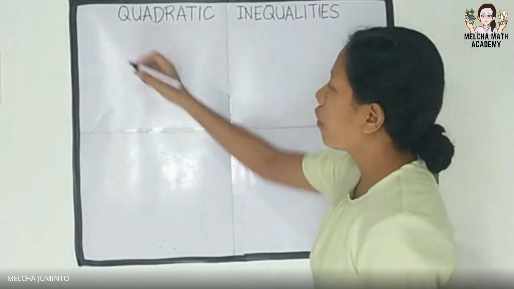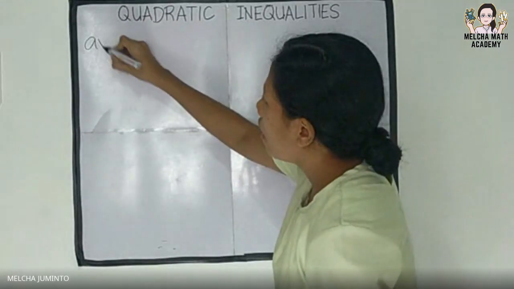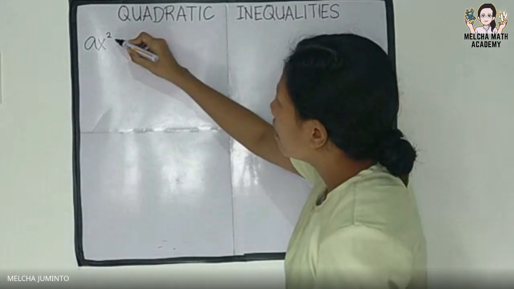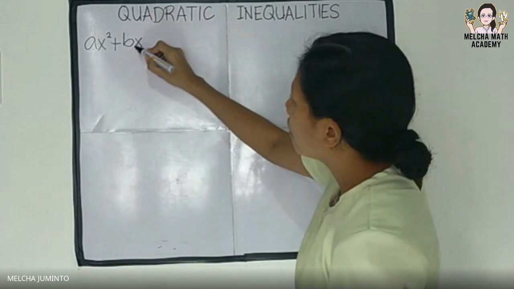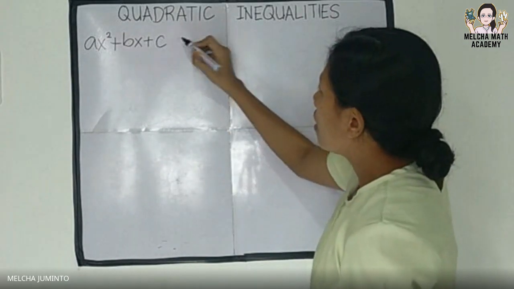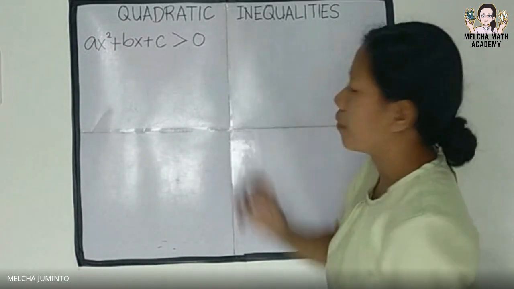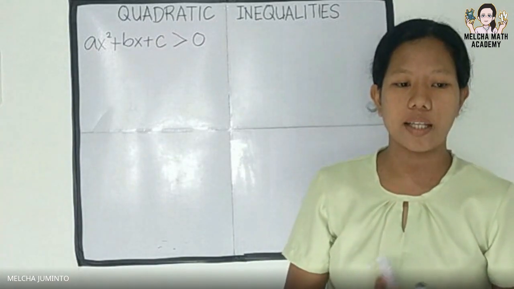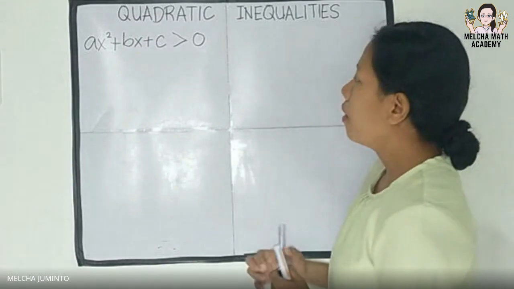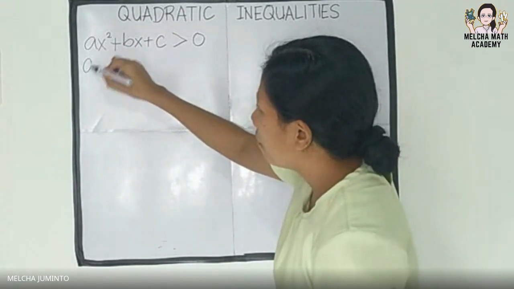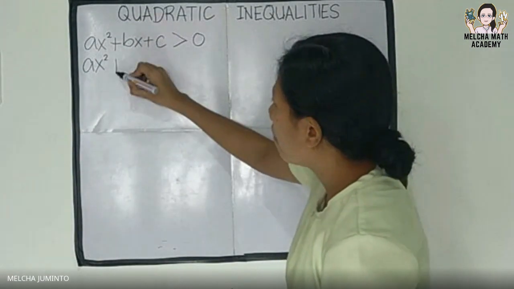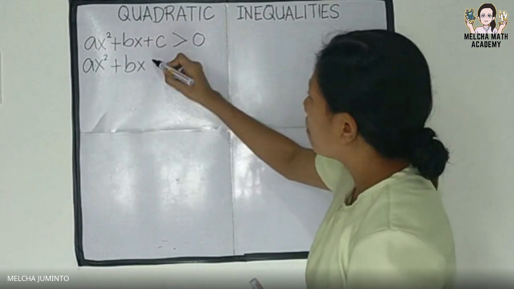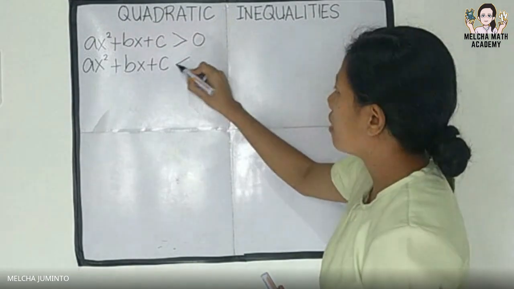The first form is ax squared plus bx plus c is greater than 0. That is the first standard form of quadratic inequality. Then, we also have the second one, ax squared plus bx plus c is less than 0.